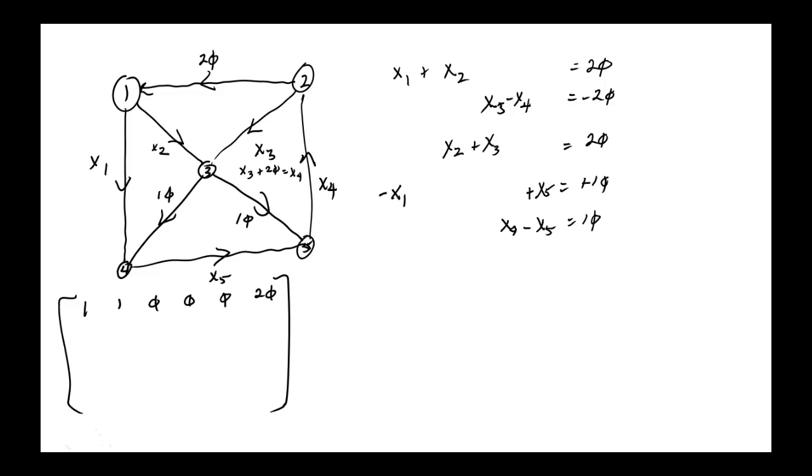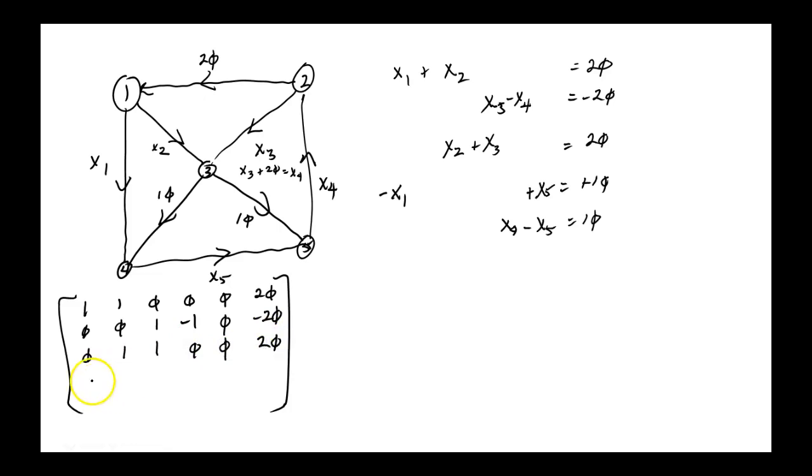Second, 0, 0, 1, negative 1, 0, negative 20. Good. Next. 0, 1, 1, 0, 0, 20.